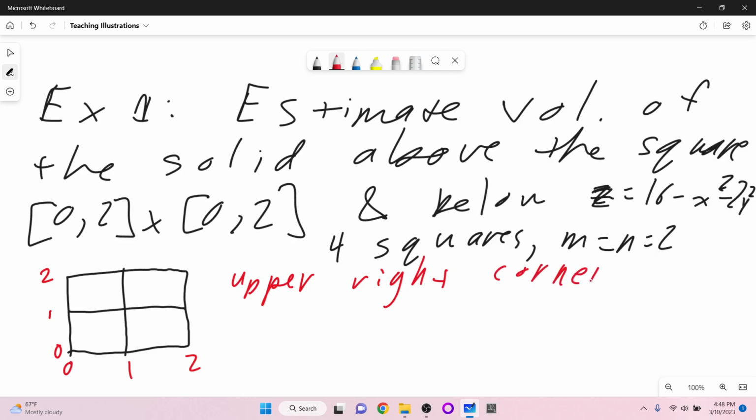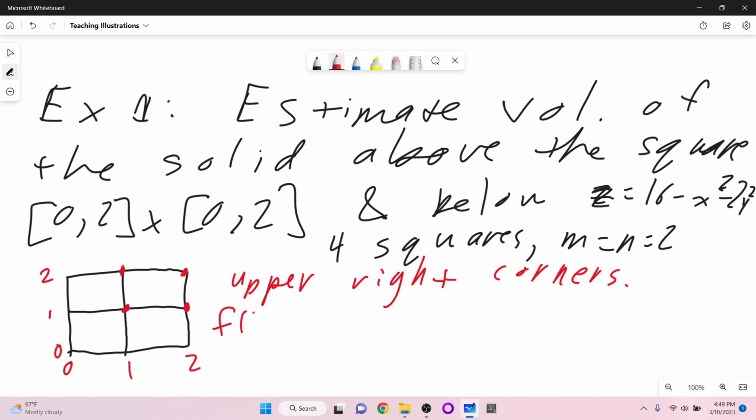Like I said earlier, there is no absolute rule about how to pick points from each region. That said, it's usually a good idea to space them out a bit. You wouldn't want to pick them all really close to each other. So we typically either all pick from the same corner or we pick from the midpoint. So let's do it this way. We'll have (1, 1), (1, 2), (2, 1), and (2, 2).